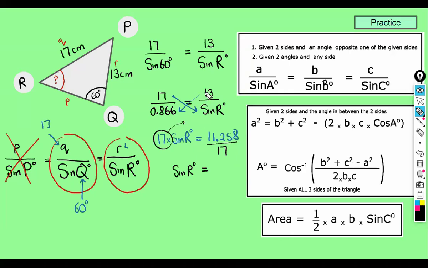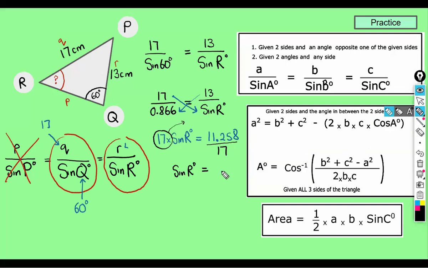Someone is saying that if I take 13 and multiply by 0.866, the answer is not 11.258. I'm double checking, right? 13 multiplied by 0.866, my answer seems to be correct. So that person needs to try it again.